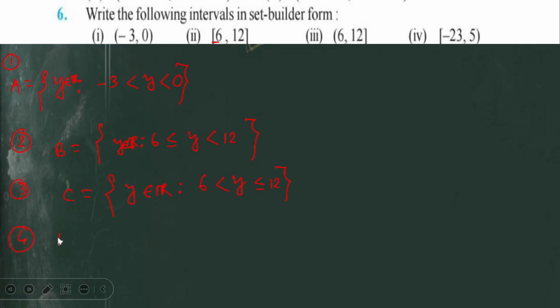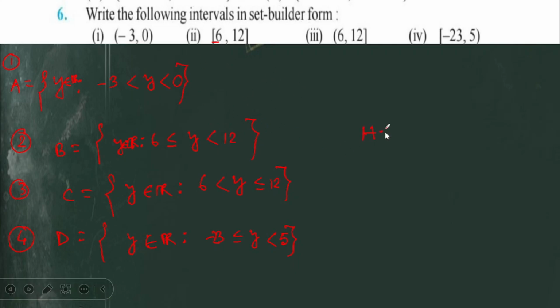Next, number 4, D is a set where y, suppose you can use another element here, x, y, z also. Any element belongs to the real number set, and this belongs to -23 less than or equal to y and less than 5. So this is the set builder form of this interval.